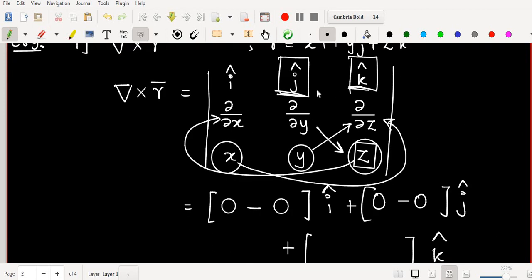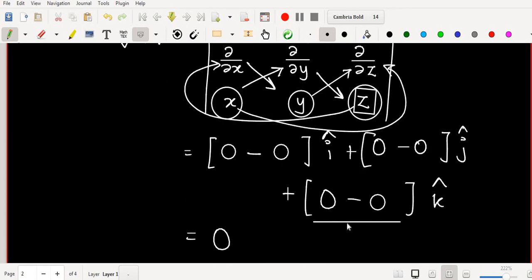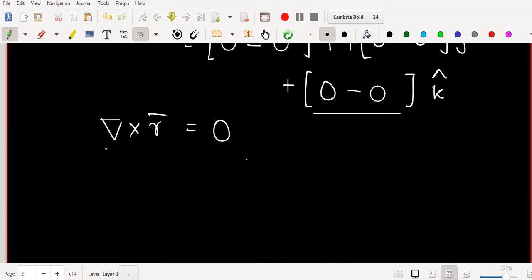To find the z component, we take partial derivative of y with respect to x and partial derivative of x with respect to y, both will be 0. So this implies the value of curl of the position vector is always 0.